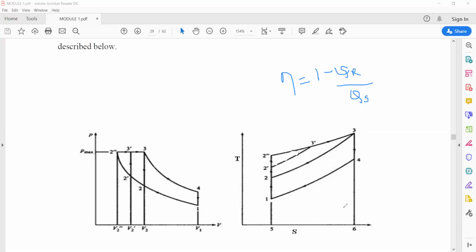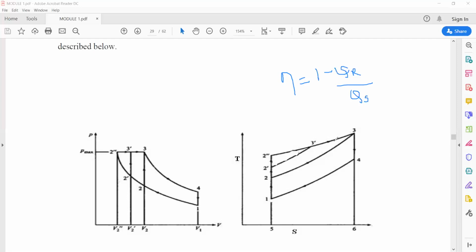Now the area under the TS diagram gives you the heat supplied to the cycle. So which area is more here? Is it not 5 2 dash 3 6 5?